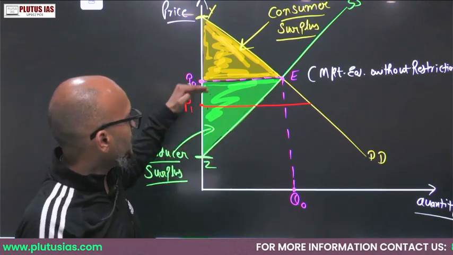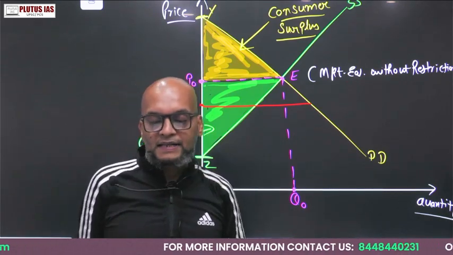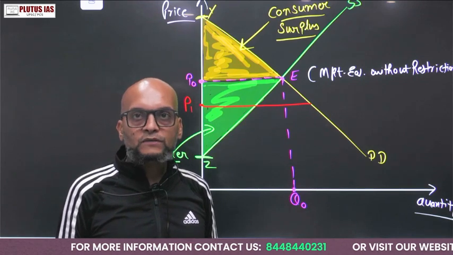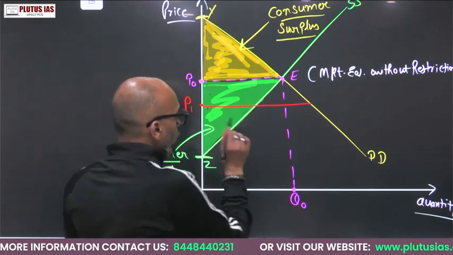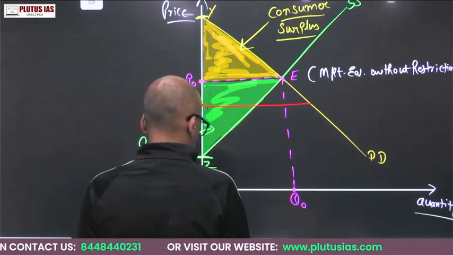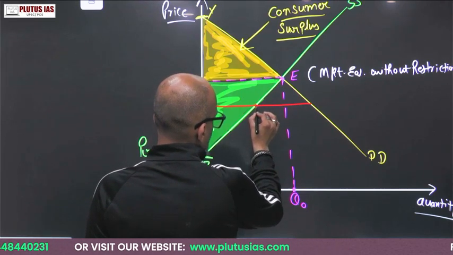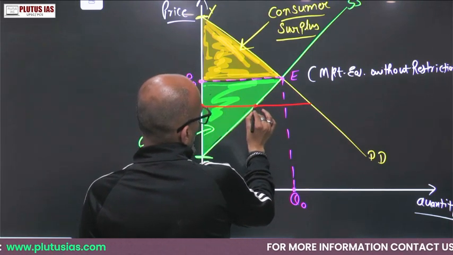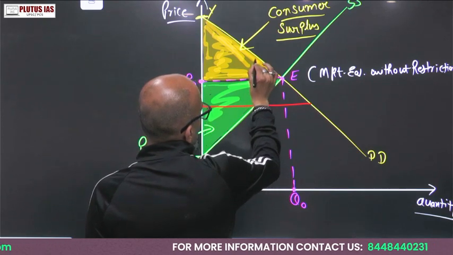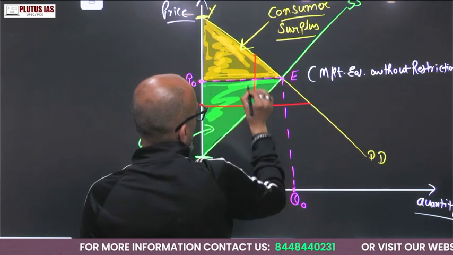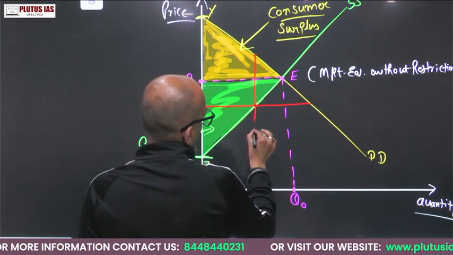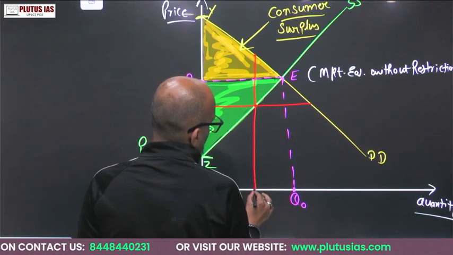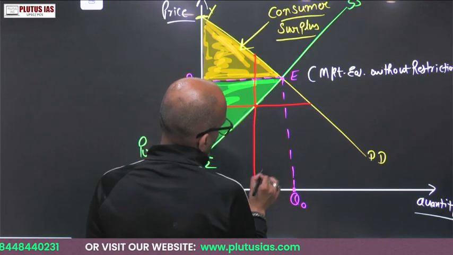So what has happened? Reduction in the price has occurred. Yes or no? Okay. Now when reduction in the price has occurred, then see, if I extend this point of intersection of price with the supply upwards, it intersects here and it intersects with the quantity here.